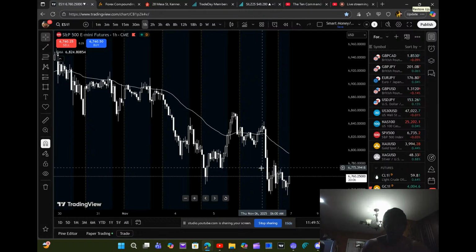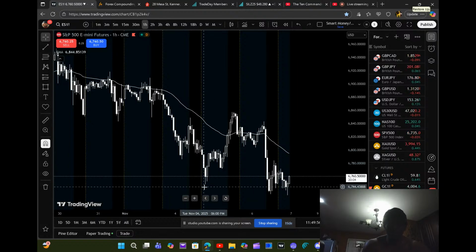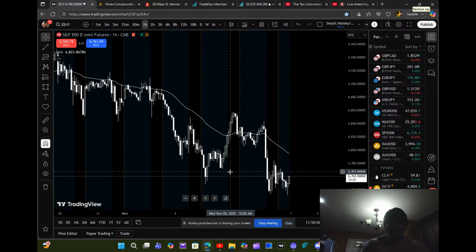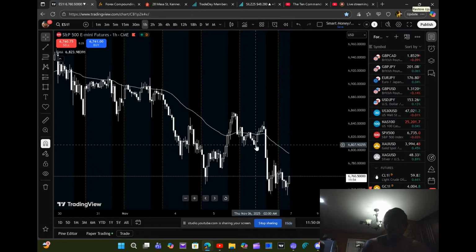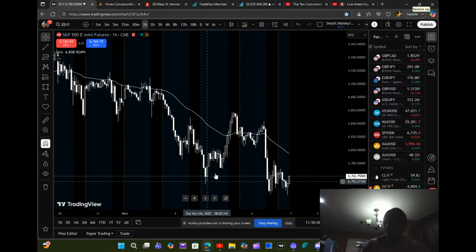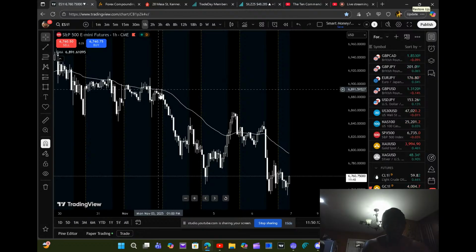Right now, we have nothing but indication. And no matter which one of these lows you use, this is indication. If you use this one, or this one. Plus, we made a lower high right here. So if you use this as your low, this as your low, or this as your low, all this is indication.